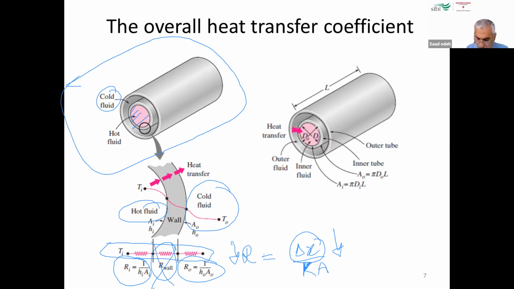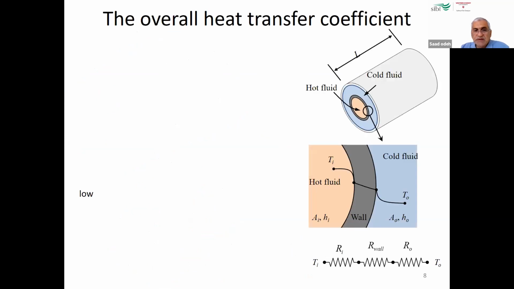So the only two thermal resistances are Ri and Ro, which relate to the heat transfer coefficients of the hot and cold fluid. So this is one case of overall heat transfer coefficient. We have other cases, we'll come to it very soon.